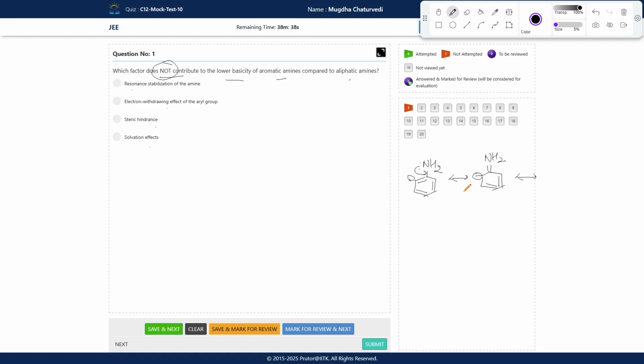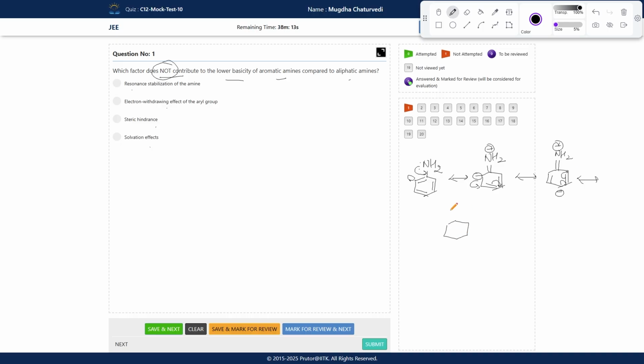The next resonating structure which we can draw, this will come here and this will move to this side. So I will have a double bond, NH2, and of course a positive charge over here. We have a bond over here and a negative sign over here. Next, if I draw the resonating structure, this will move here and this will go here.